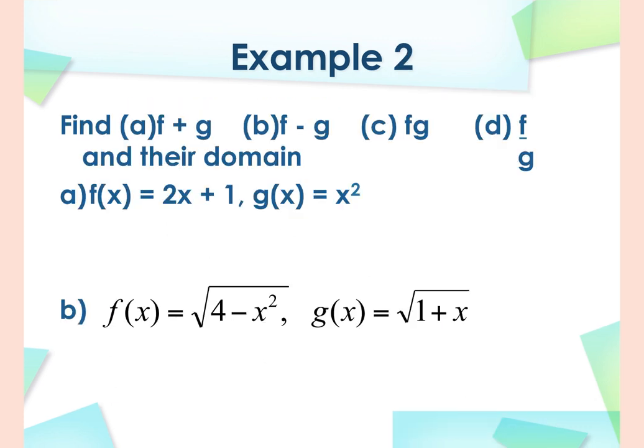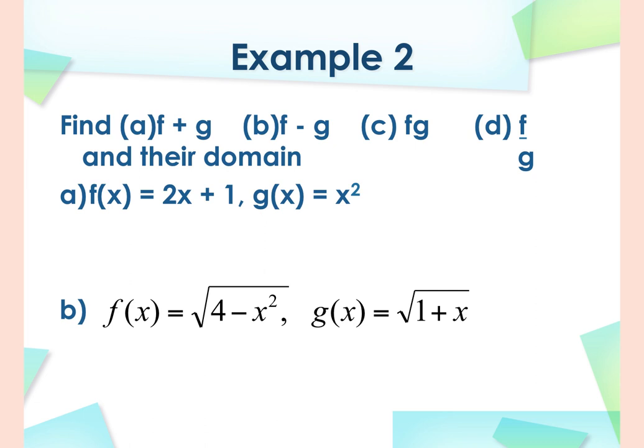Okay. Example 2 is where we're going. So it says, and there's 4 parts, find f plus g, find f minus g, find f times g, find f over g, and their domain, okay? So before we even get into any of the combining, we're going to find the domains of the original functions.